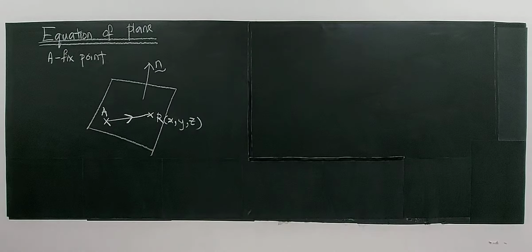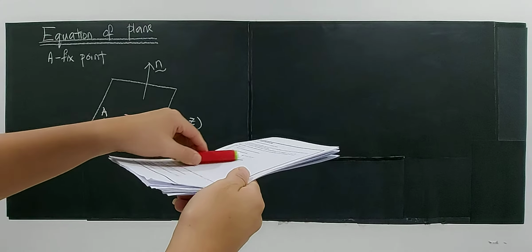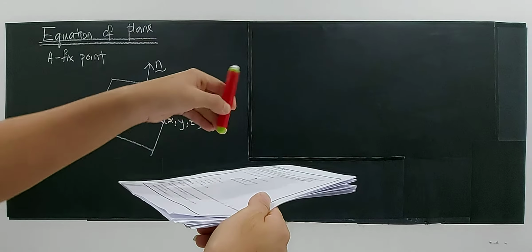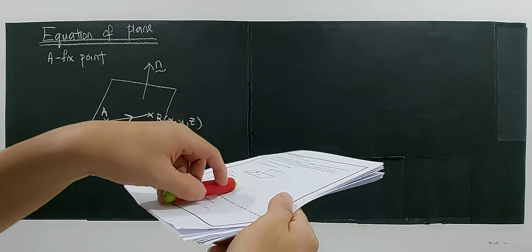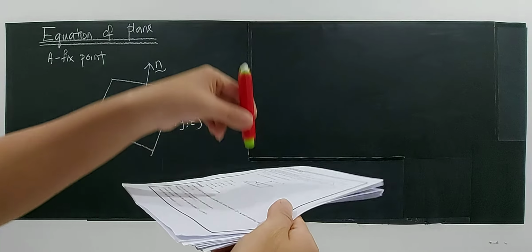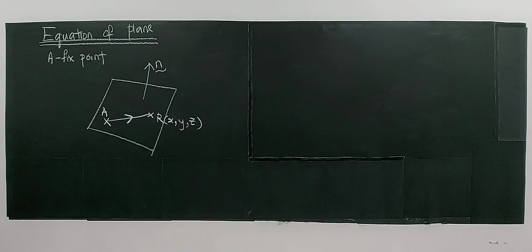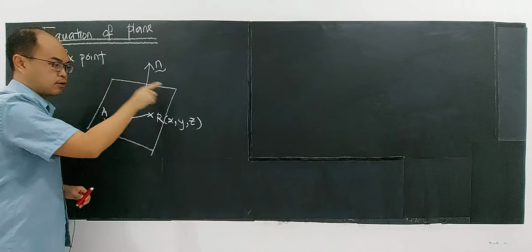There is a normal here. Any line on the plane is always perpendicular to the normal of the plane. So this is the direction of the normal and this is the direction of the line on the plane.